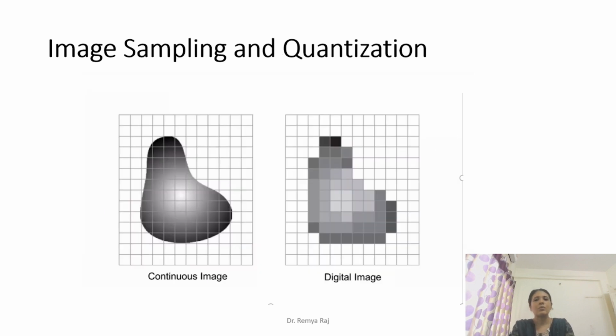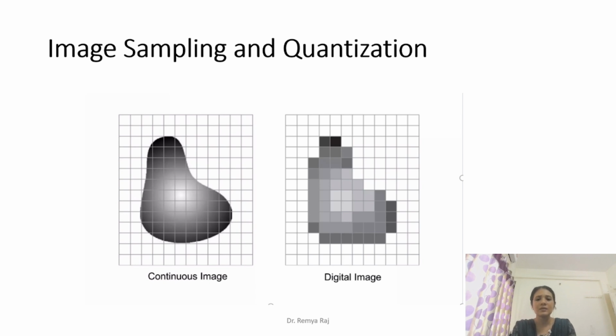Now we'll see what is meant by image sampling and quantization. Here in the figure you can see a continuous image, and here the digital representation of the same image. Any analog image should be converted into a digital image with the help of a process called sampling, the same as we studied in signal processing.